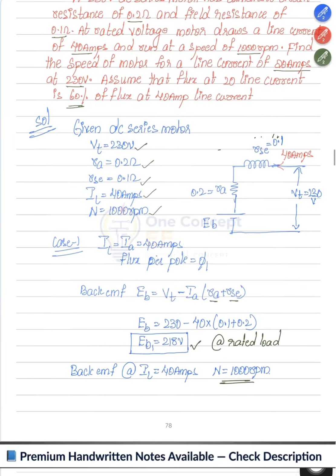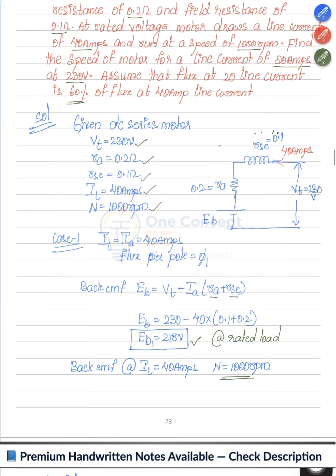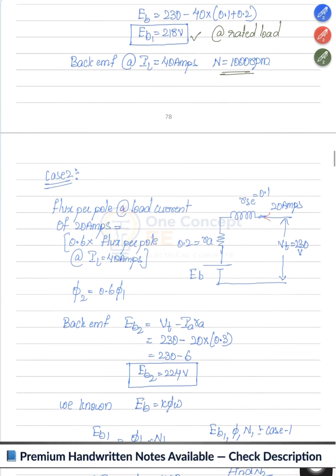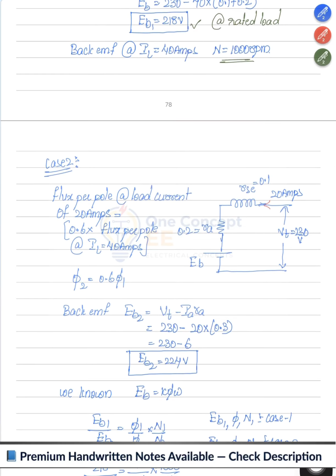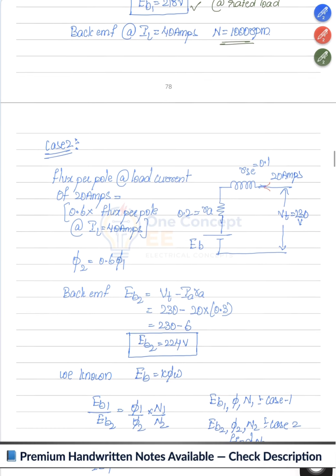Now, if you go for case 2, if the motor is drawing a current of 20 amps, we need to find the back EMF. Back EMF Eb equal to Vt minus Ia into (Ra plus Rse).